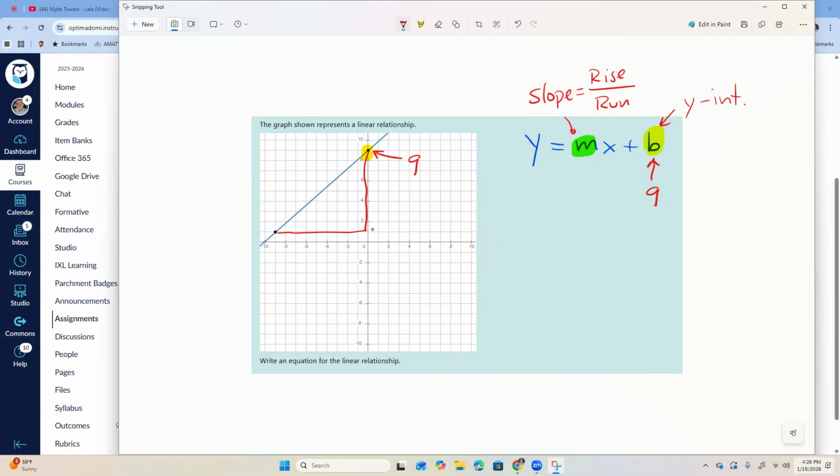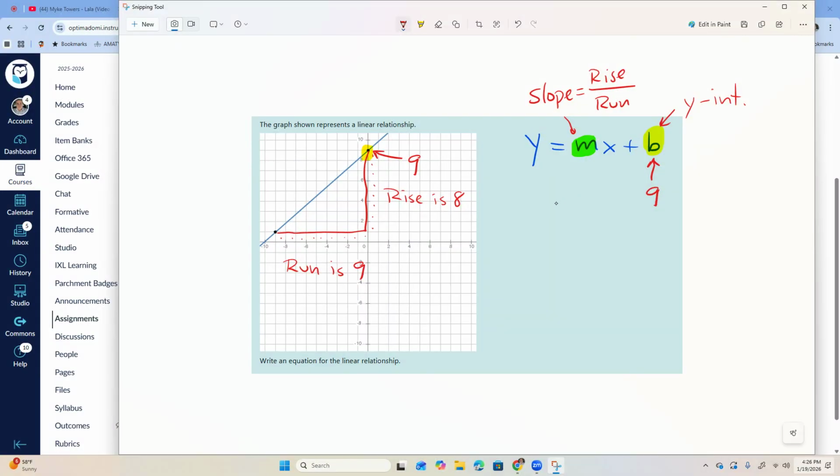It looks like a triangle. So 1, 2, 3, 4, 5, 6, 7, 8. My rise is 8. My run: 1, 2, 3, 4, 5, 6, 7, 8, 9. I'm counting the squares that make that side. So my run is 9.